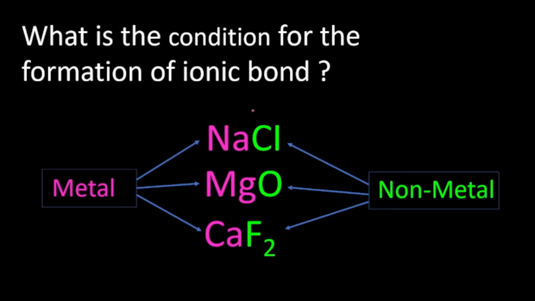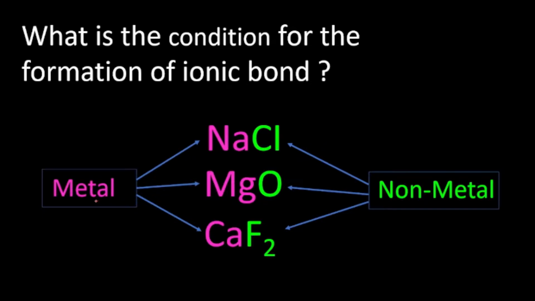Now, what is the condition for the formation of ionic bond? Here three ionic compounds are given: sodium chloride, magnesium oxide and calcium fluoride. Here sodium, magnesium and calcium are metals, and chlorine, oxygen and fluorine are non-metals.